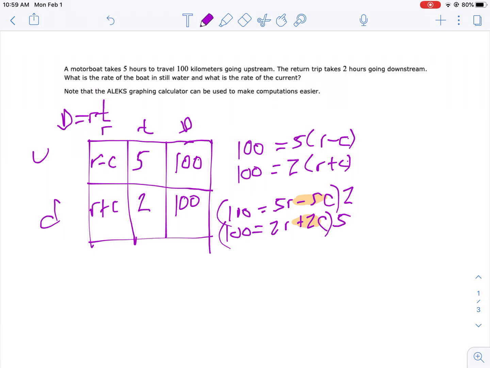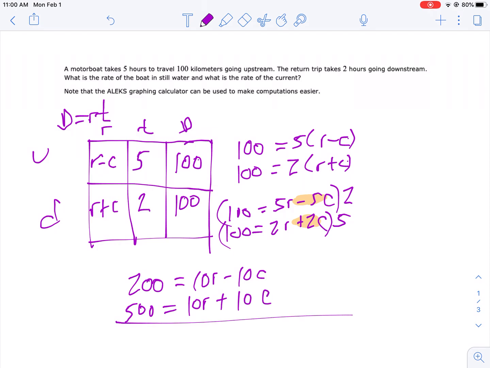So my new equations are 200 equals 10r minus 10c, or 500 equals 10r plus 10c.